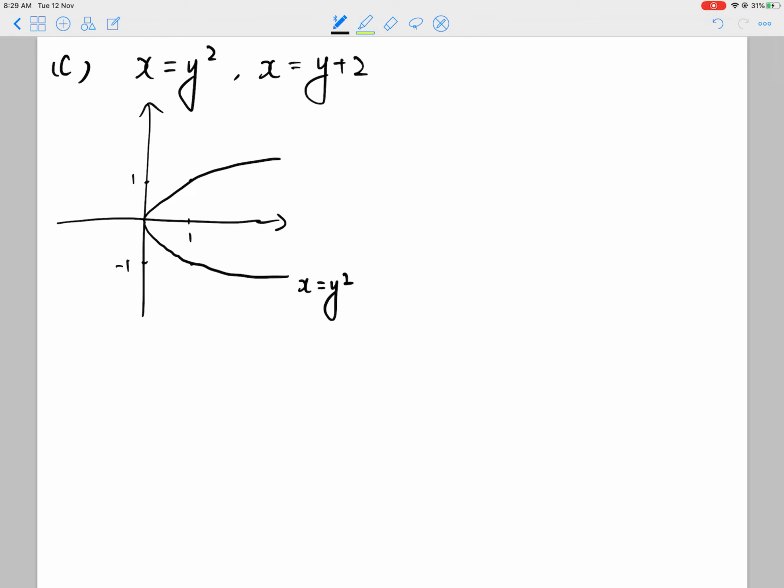And it's not even a function because for each x you have two y's. But it doesn't matter, it's a curve. Then x equals y plus 2.